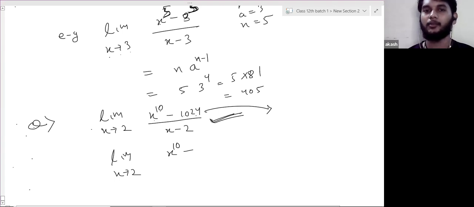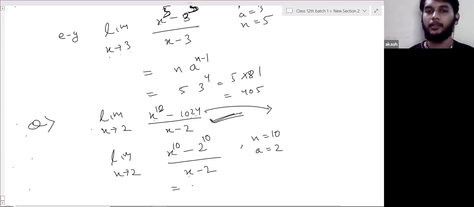So if this is x raised to the power n, then this must be 2 raised to the power 10, and this is x minus 2. So here n is 10, a is 2. So the answer will be 10 into 2 raised to the power 10 minus 1, which is 9.